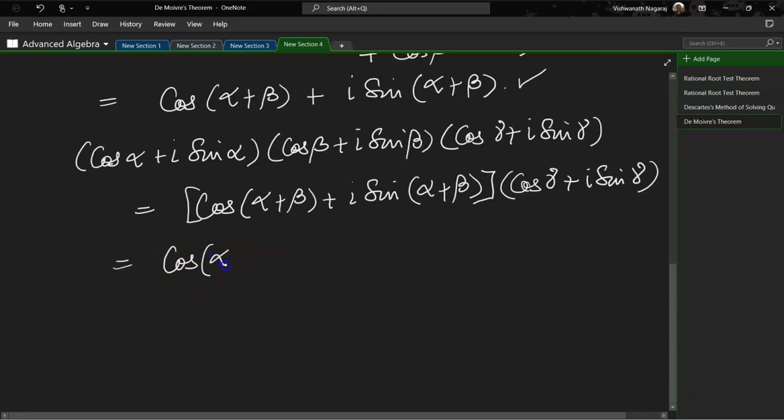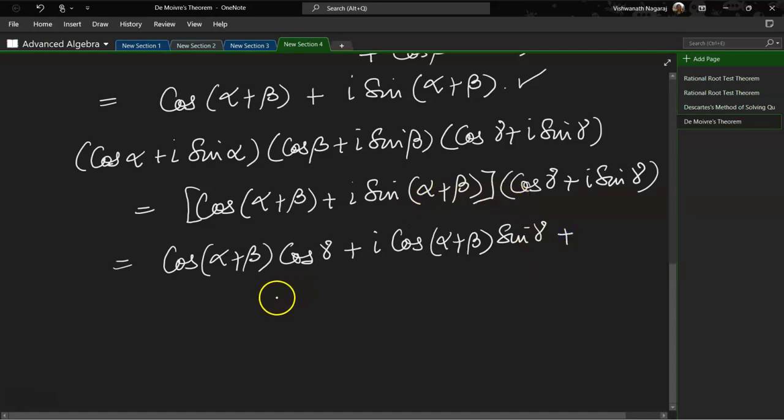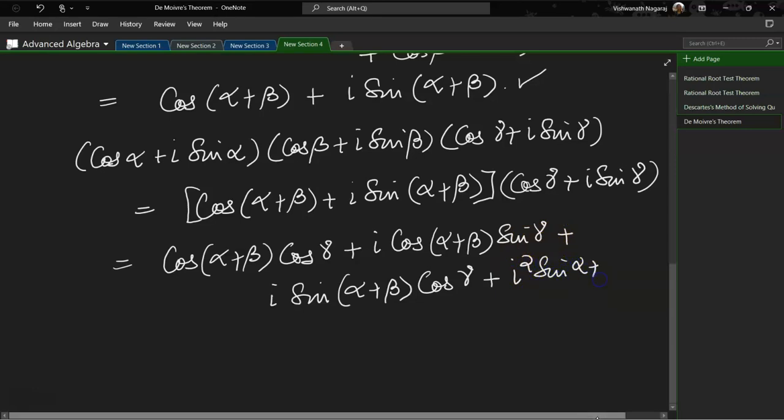Cos of alpha plus beta times cos gamma plus i cos of alpha plus beta sin gamma plus i sin of alpha plus beta cos gamma plus i square sin of alpha plus beta and sin gamma.